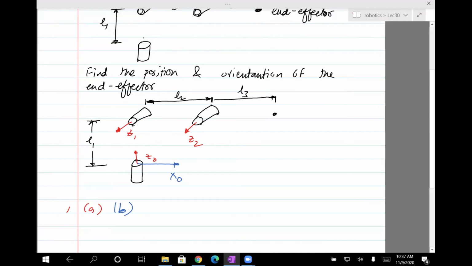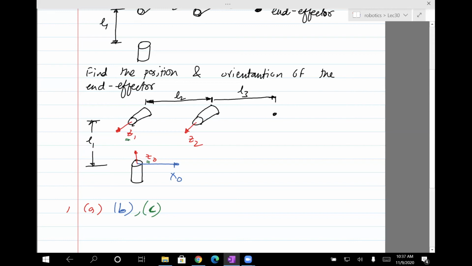Step C says how to attach frames X1, X2, and in this case just X1 and X2, because X3 is going to be the end effector. So we need to find the relation between Zi and Zi minus 1 in order to do so. So first of all, let's try to understand how Z0 and Z1 are related.